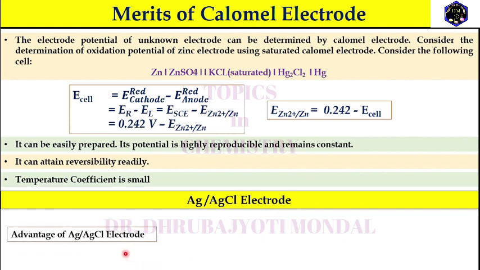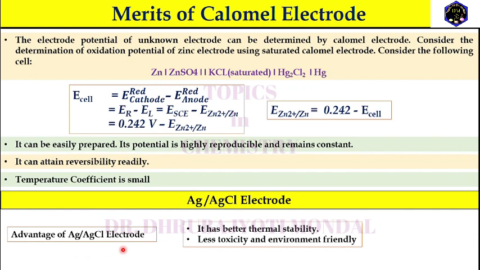So what are the advantages of silver chloride electrodes? It has better thermal stability. Number two, most important point, less toxicity and environment friendly. So that's why you can use the silver chloride electrode as a secondary reference electrode.